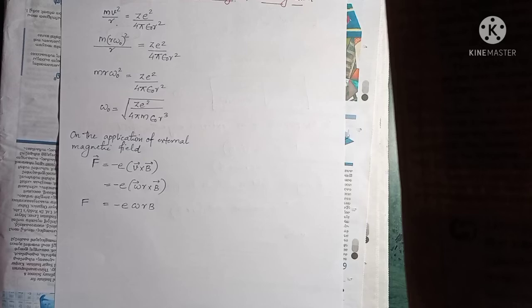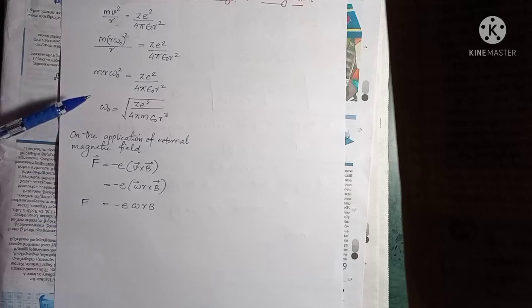So this will be the Lorentz force term. And now one thing to note here is that this angular frequency before the application of magnetic field is not the same once we apply the magnetic field. So the new angular frequency is omega, while the angular frequency before the application of magnetic field was omega naught.